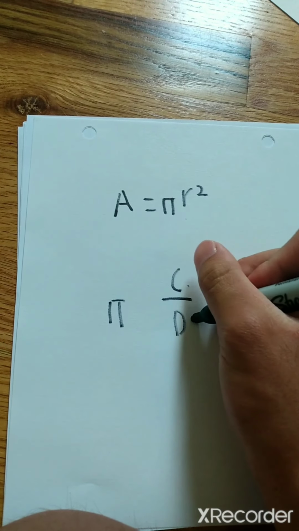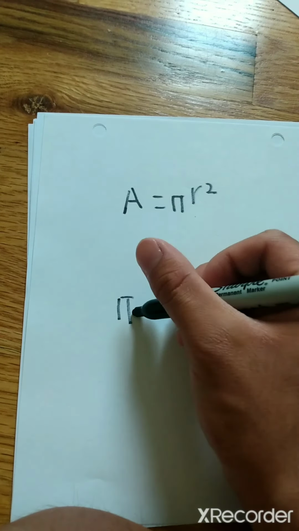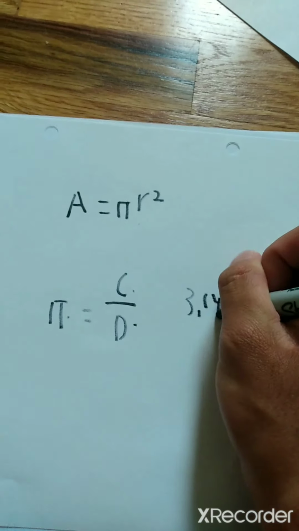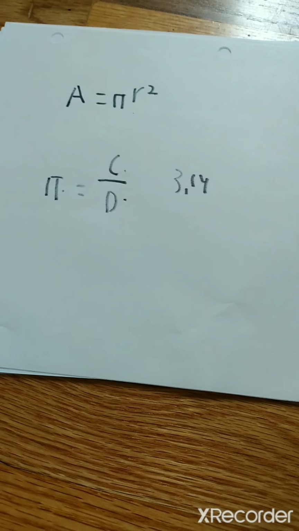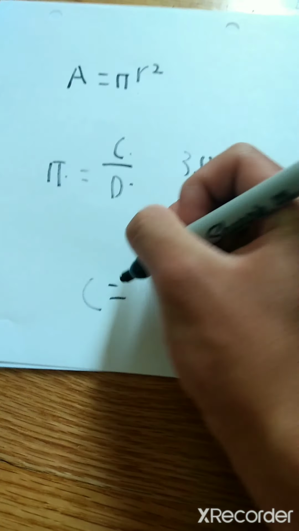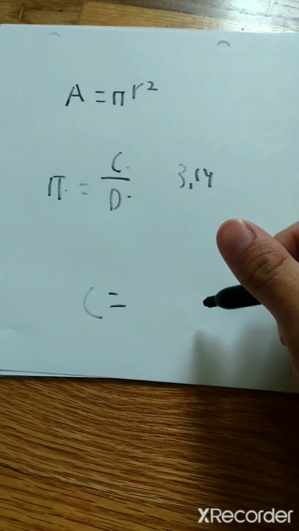When you do that, you will get an answer that will be rounded to pi, or 3.14. The circumference is what we're going to use to find what pi is and how it works with circles.